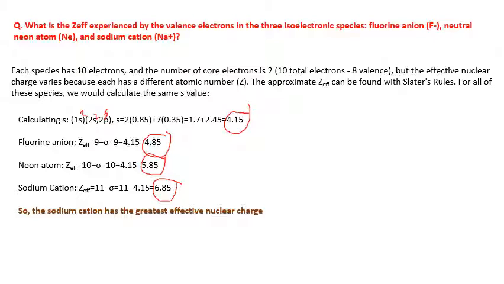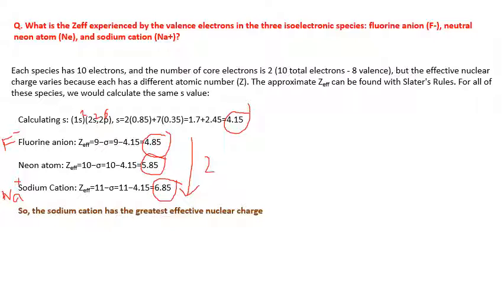So you can see that from fluoride F minus to sodium plus, the effective nuclear charge, that is Z effective, is actually increasing: 4.85 to 5.85 to 6.85.